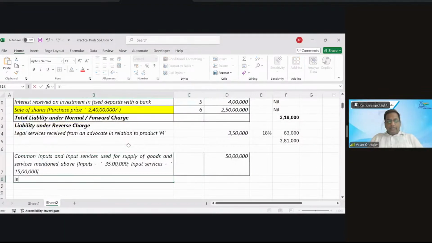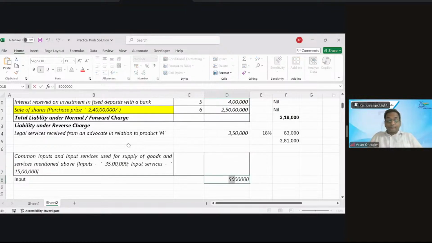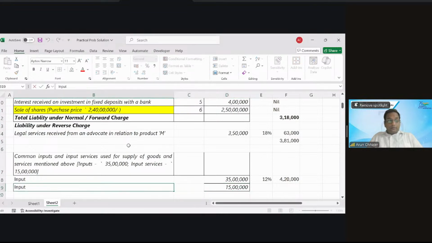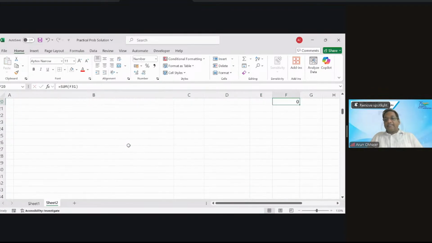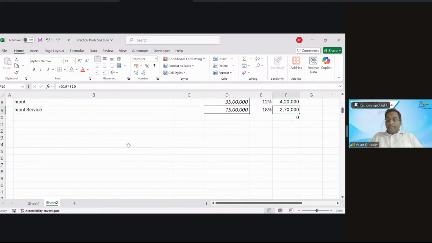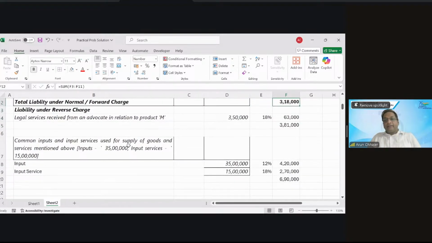Input is goods, so taxable at 12%, and input service is taxable at 18%. So this is the total ITC. Any other point which I'm leaving? I can say that total tax liability is 318.